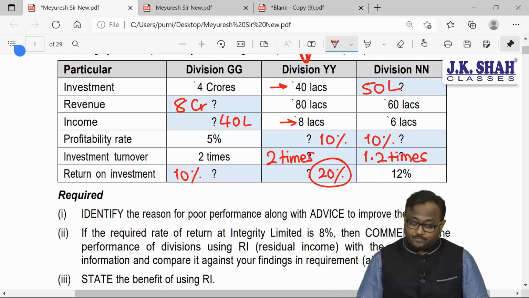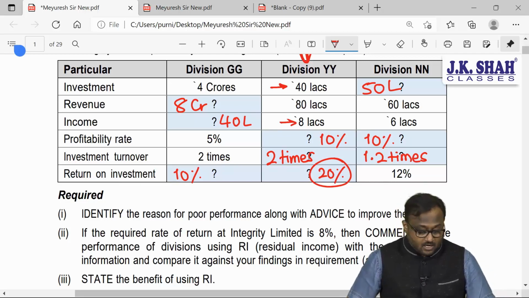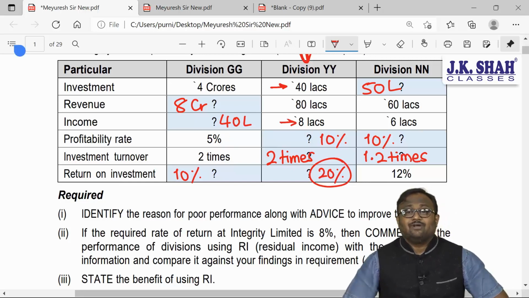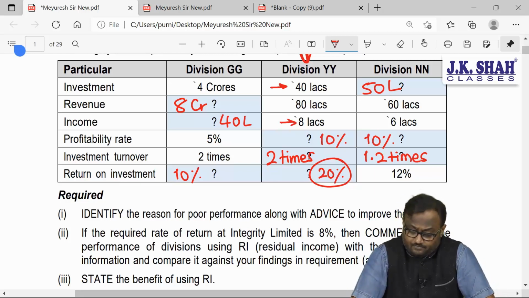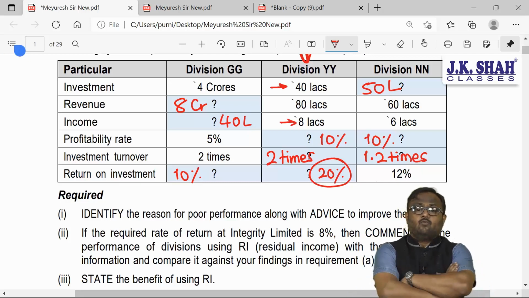What about GG? The major problem with GG is return on investment is only 10% and profitability is 5%. Oh my God, your profitability is minimum. If your profitability is minimum, what you're supposed to do is please check your value analysis.